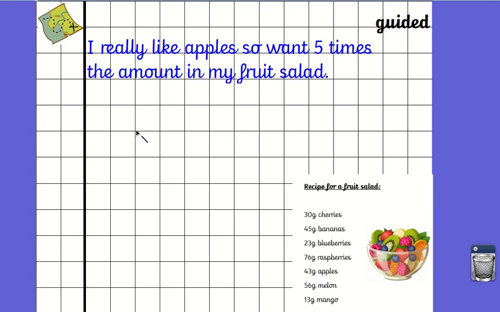Did you do it like this? So you've got your grid method, which you should all be really good at drawing now with nice straight ruler lines.